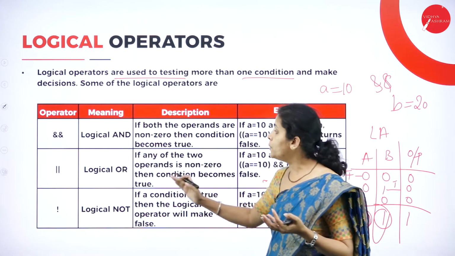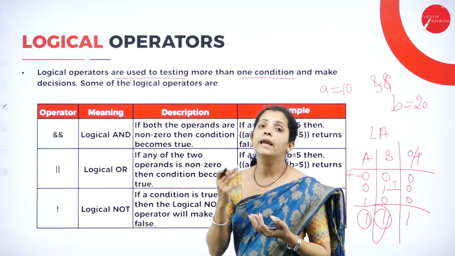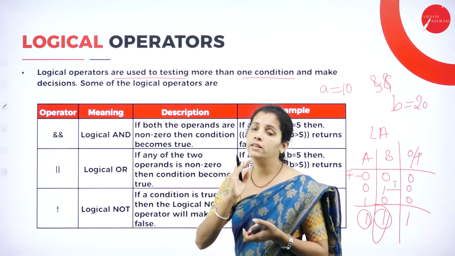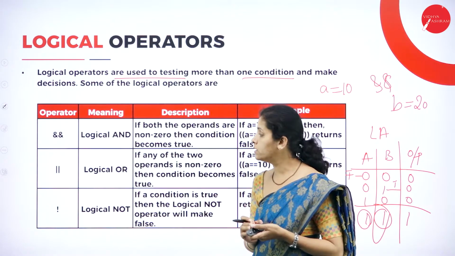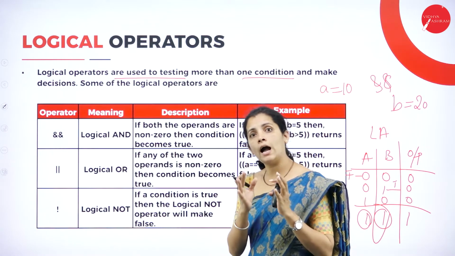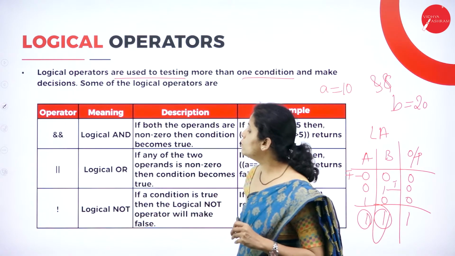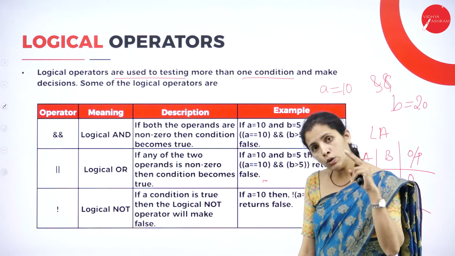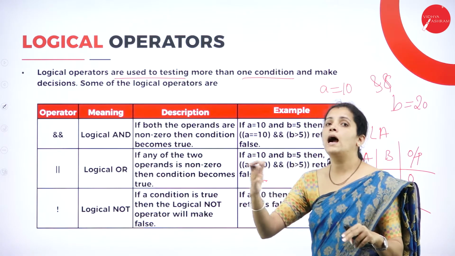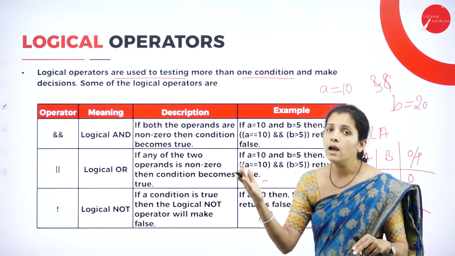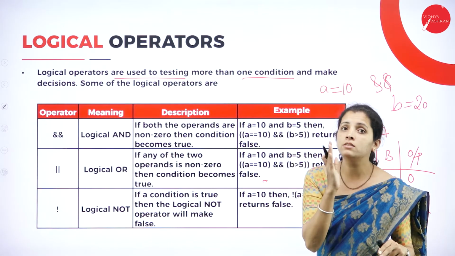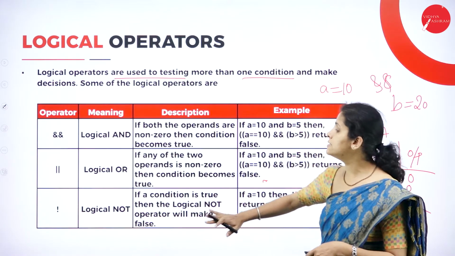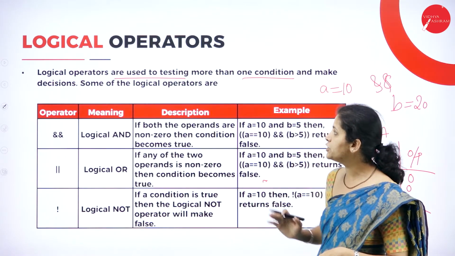But if I go with logical OR and any one of my inputs is true, then I'm going to get the true output, or the high output. And what about logical NOT? It's just a complement. When I have a true input, my output is false. When I have a false input, my output is true. So it is just a complement or negation.